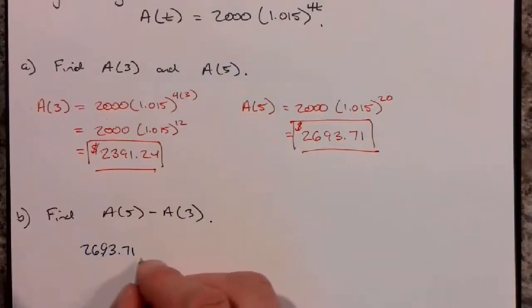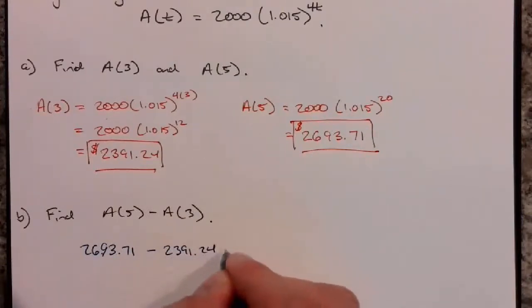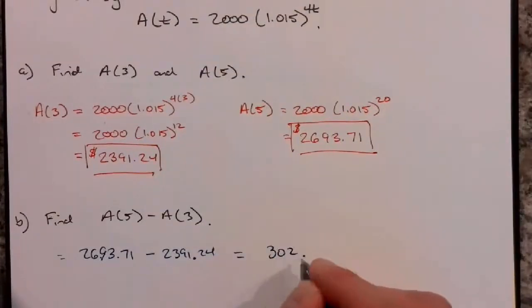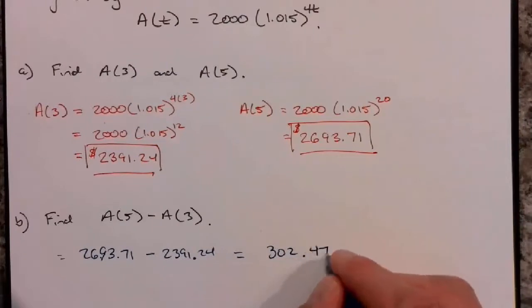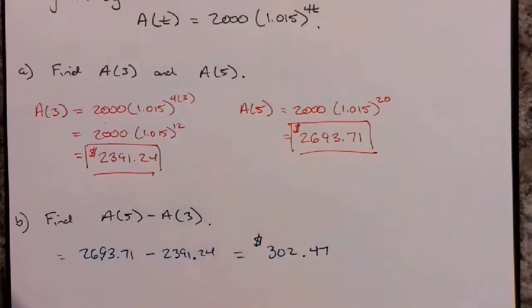So 2693.71 minus A of 3, which was 2391.24. If you subtract those, 2693.71 minus 2391.24, I get 302.47. Now, remember these units were in dollars, so the difference should be in dollars.